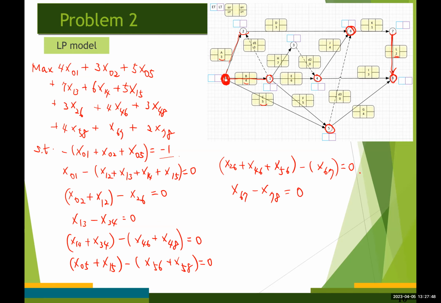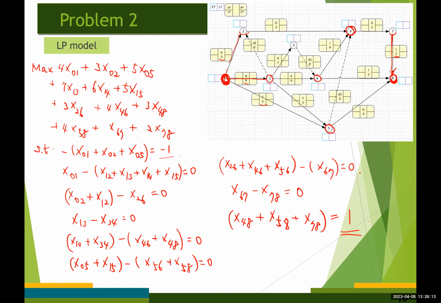And event number 8, there are 3 inflows but no outflows, right? x48, x58, sorry, and x78 equals 1, because event number 8, node number 8 is the demand node.